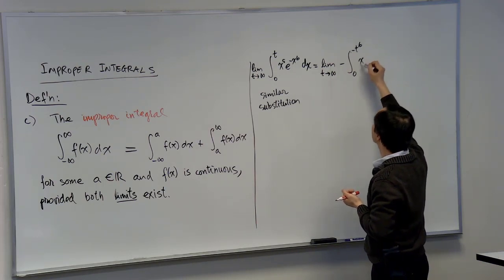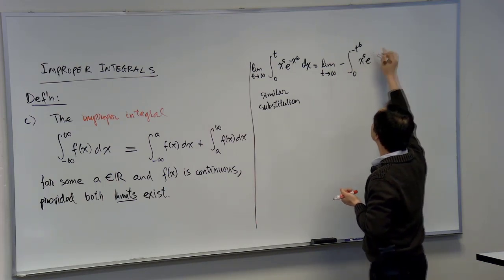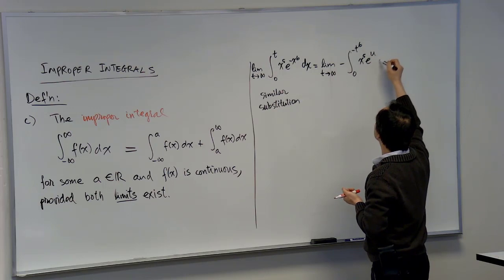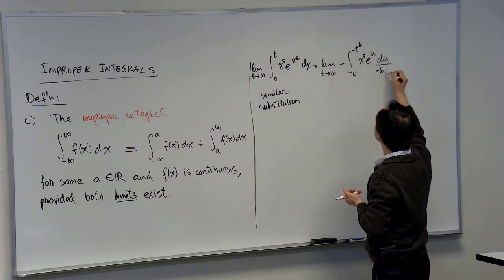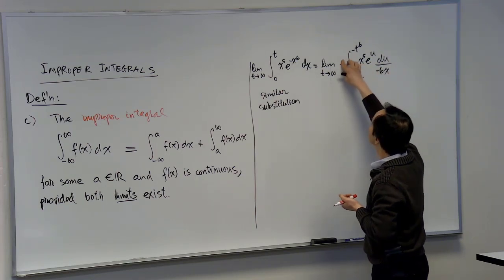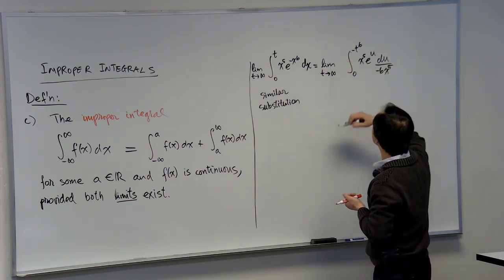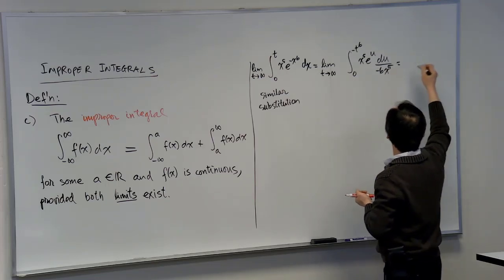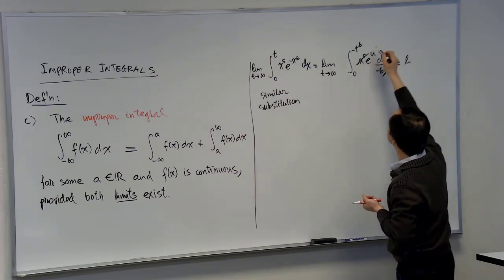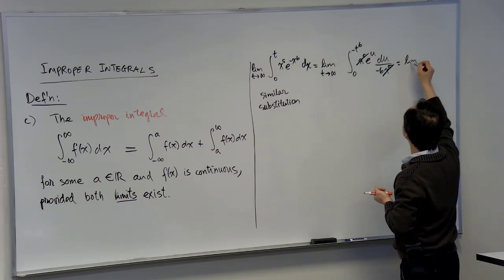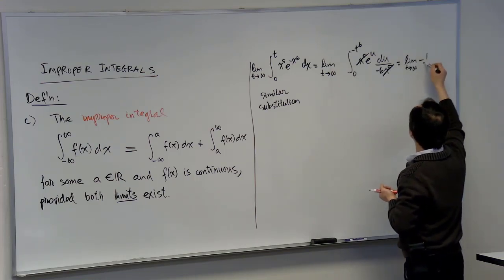Your integral goes x to the 5th times e to the u, minus u over minus 6 x to the minus 5th power. That's why the next step cancels out the x to the 5th here, with the limit t going to infinity, and then minus 1/6.